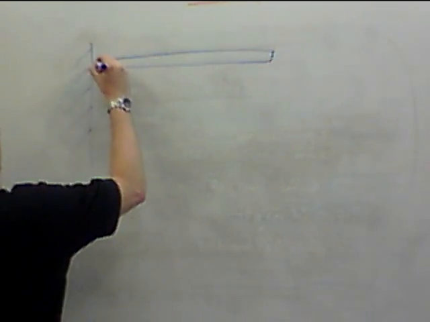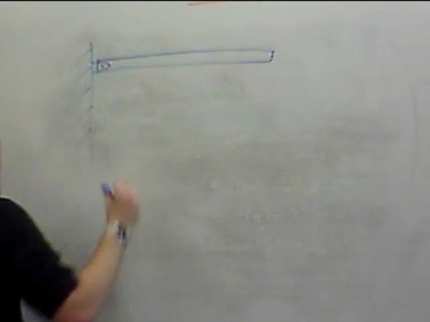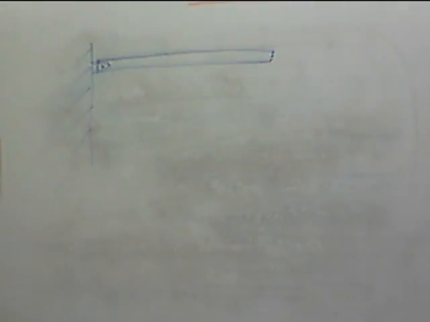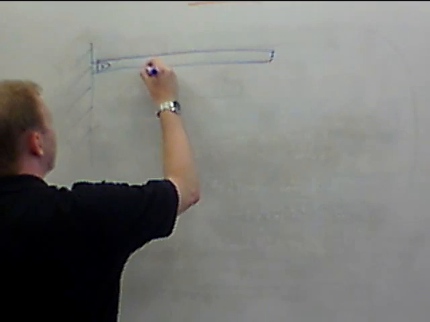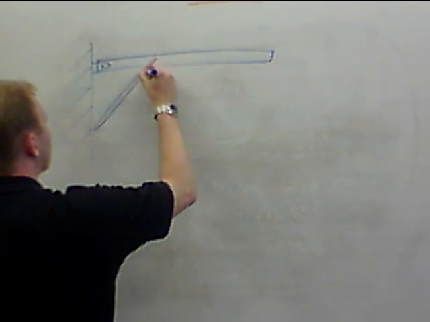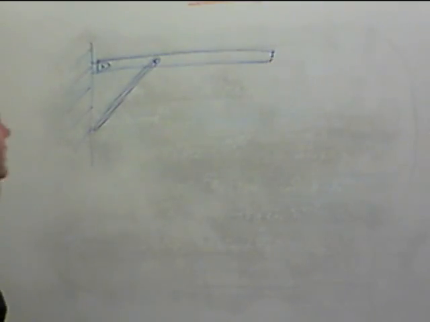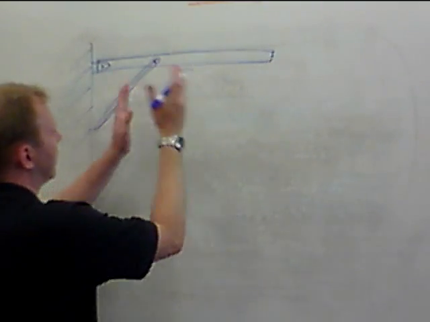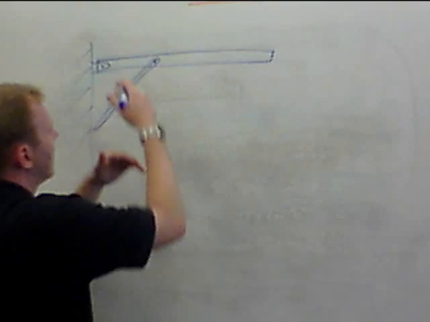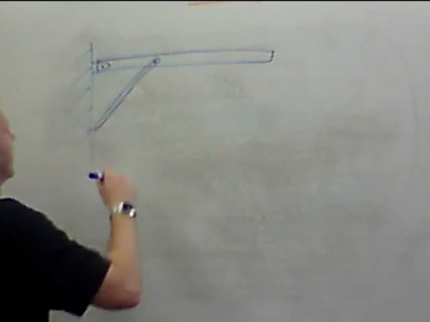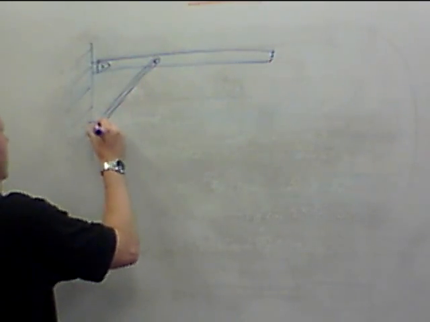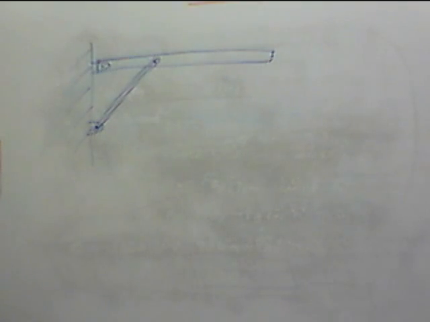This is pinned here. We have a pin joint there and a pin joint there. So we have another beam here. This is a pin connecting the two beams together. So again, it supports it from moving side to side against each other and up and down, but it allows rotation. We have another pin joint right here holding that end of that.